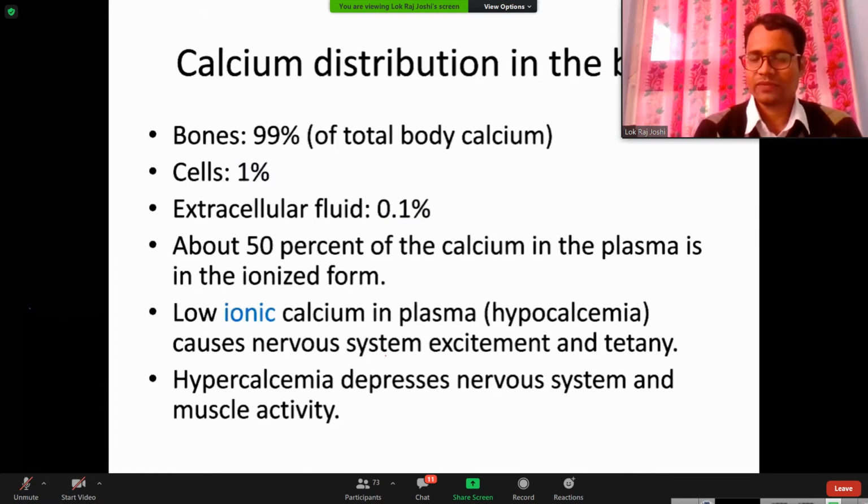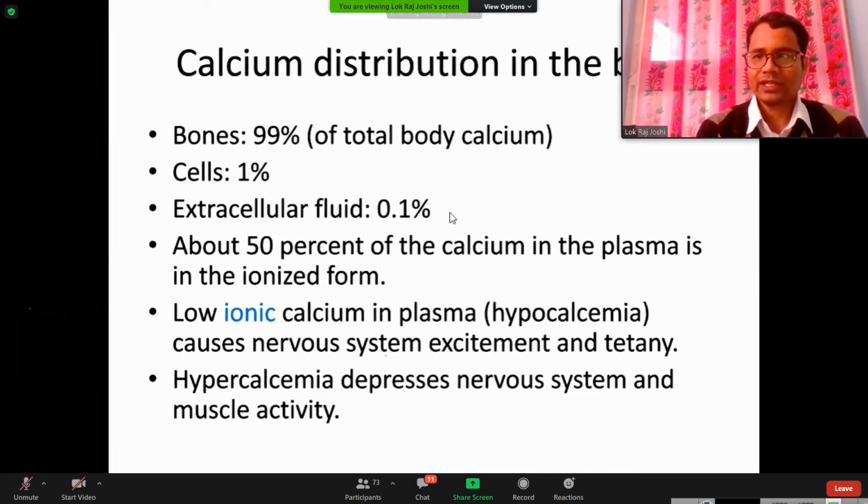The calcium stores are in some other cell organelles like endoplasmic reticulum, mitochondria, etc. Therefore, the total calcium in the body is distributed more in the cells than in the extracellular fluid.